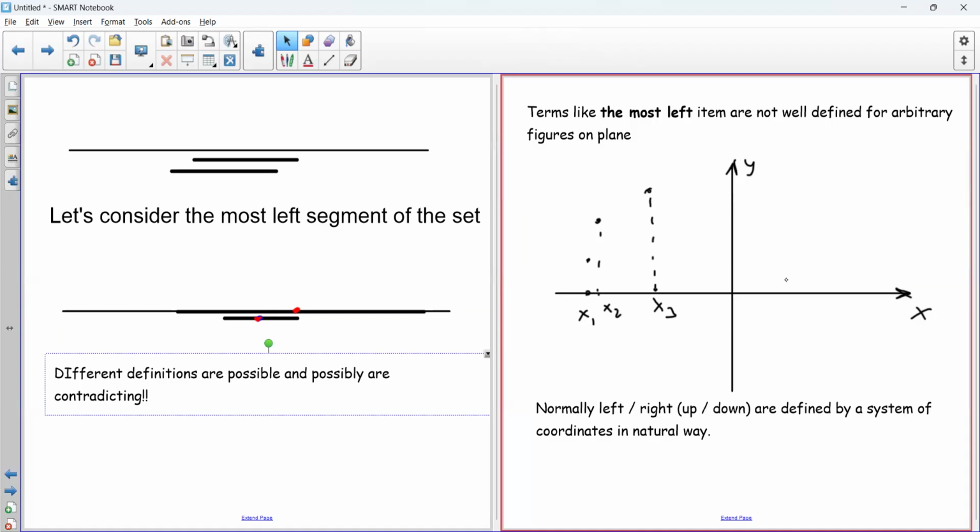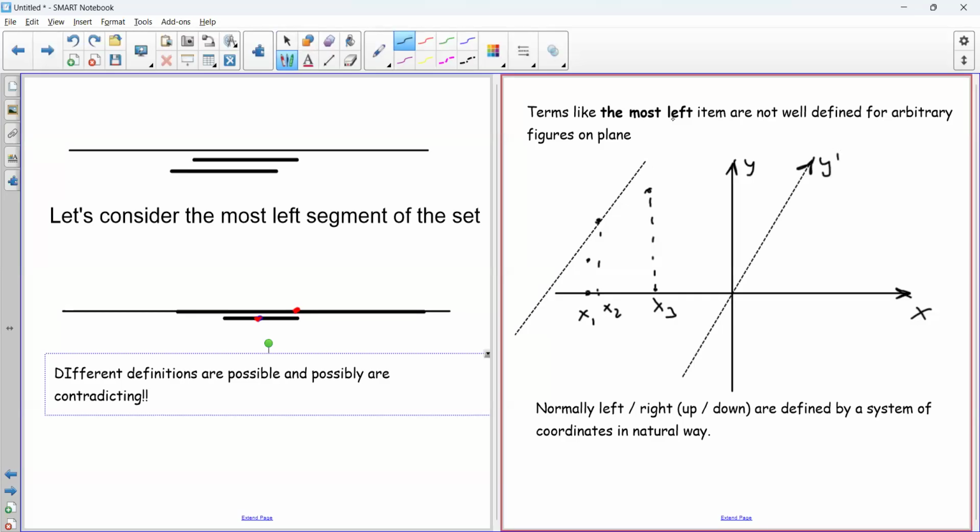If we have a skew system of coordinates, if we don't suppose by default that it is orthogonal, then the second coordinate line may be skew, of course. And that means that in this situation, if we have direction y being slightly modified, like this, then the most left position according to this y coordinate would be y prime.